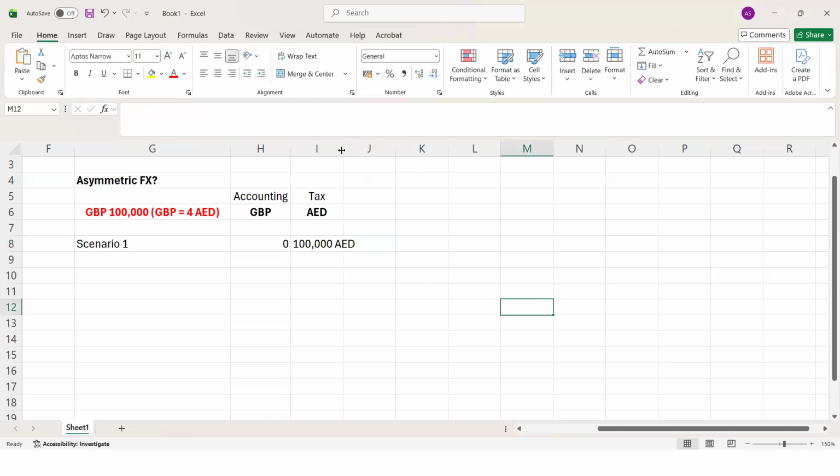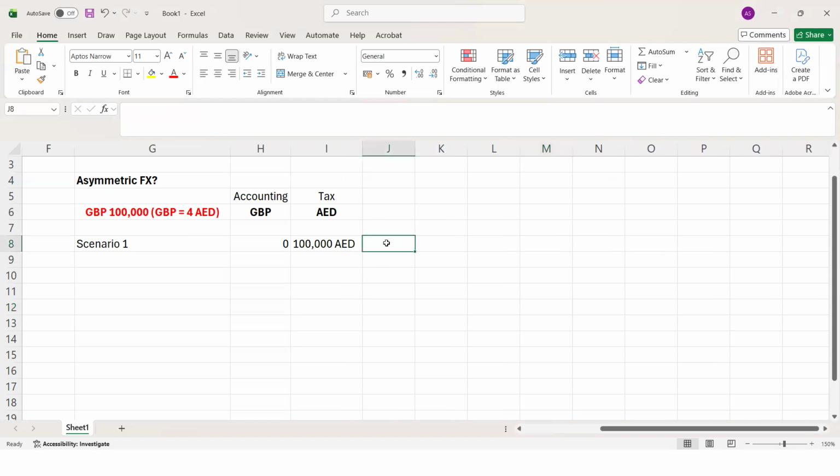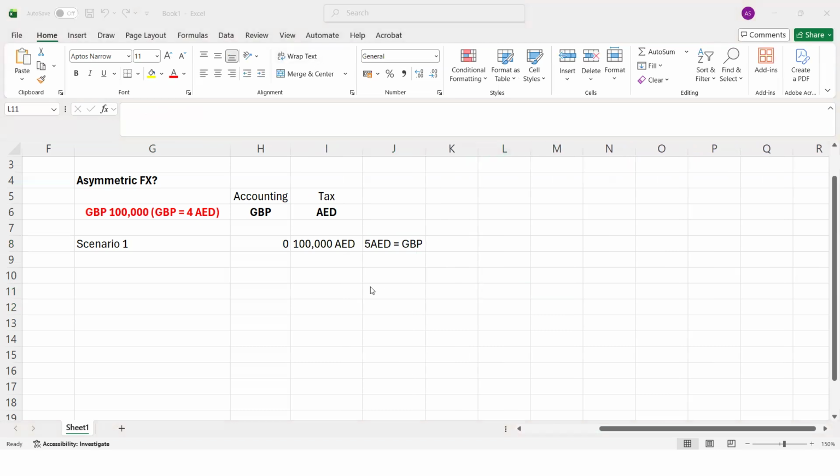Yes or no? How did I get 100,000 AED? Because previously it was 4, and now at the time of conversion it is 5 AED per GBP. Wouldn't I have a foreign currency gain of 100,000?